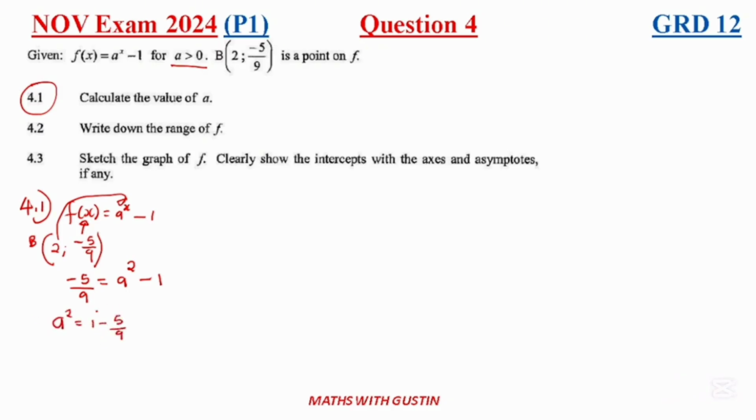In order for us to find a, we're going to take square root on both sides, then we put this directly into our calculator. If I put that, what I'm getting is 2 over 3. That is the value of a. Yes, and it is correct, because they said that a has to be greater than 1, and it is greater than 1. Okay, so we know that that is correct.